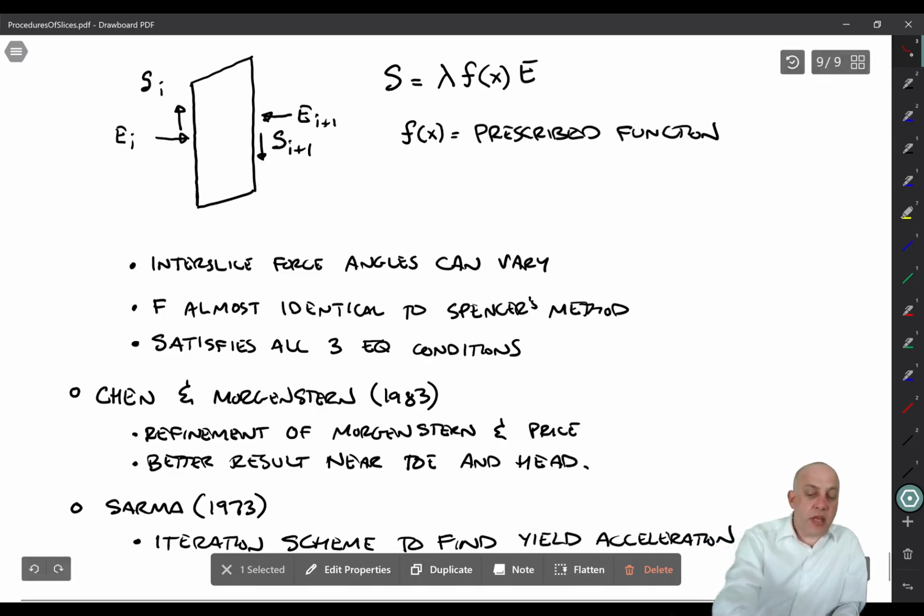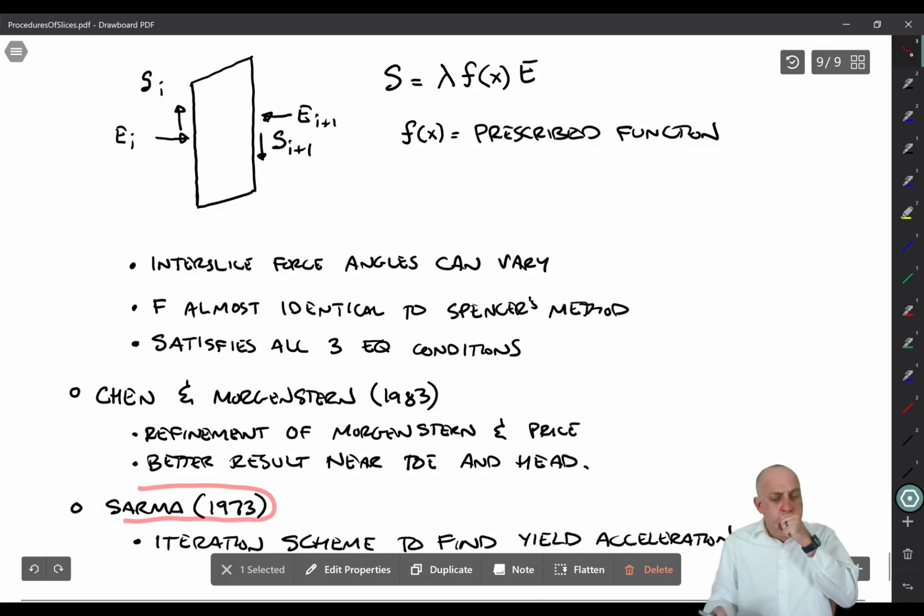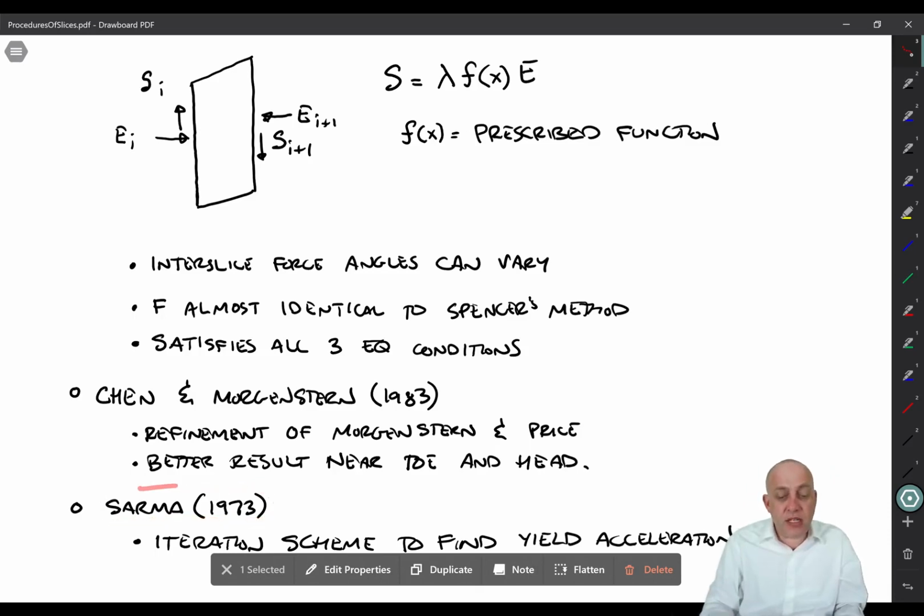Then there's another method that I'll mention that's not actually a method of slices, by Sarma, 1973. What he did was introduce an iteration scheme to find the yield acceleration. When we do seismic slope stability, a common problem is that we want to find how much horizontal acceleration would be required to cause a slope to start moving.